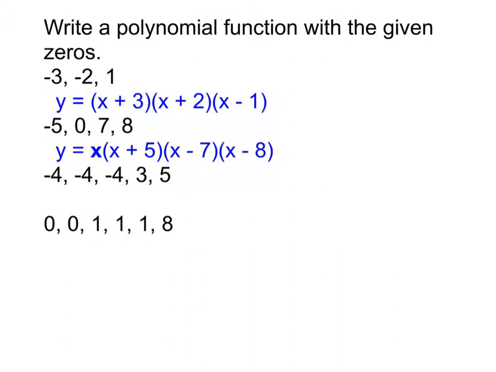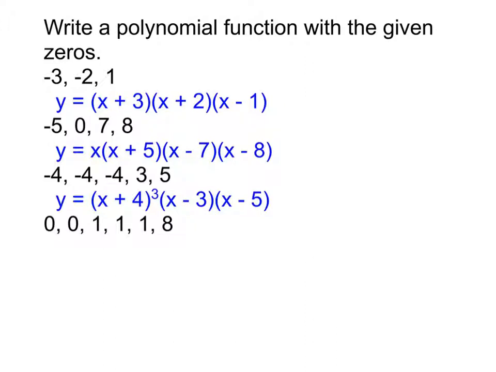So instead, I'm going to put that x first, just because when we have an x that's by itself, that's where we tend to leave it. So this is what I'm looking for as your answer for that second one. And then you can check the last of them. Notice that when the number was repeated as a 0, that meant that we needed to include that exponent to show why it would have been repeated.